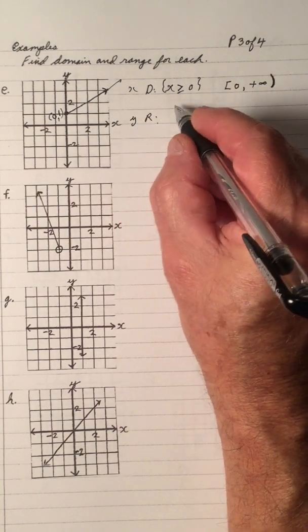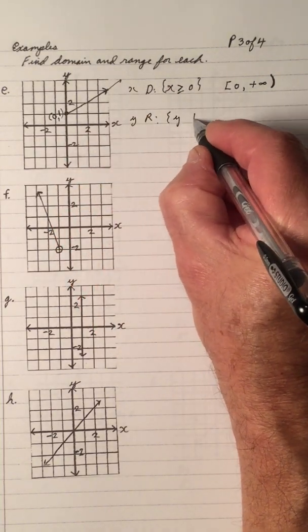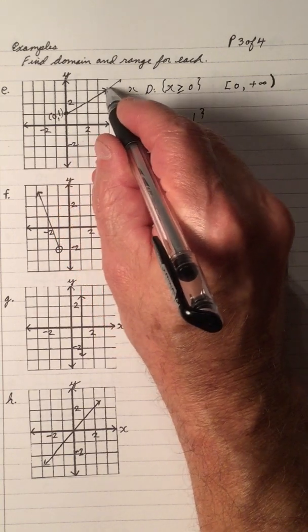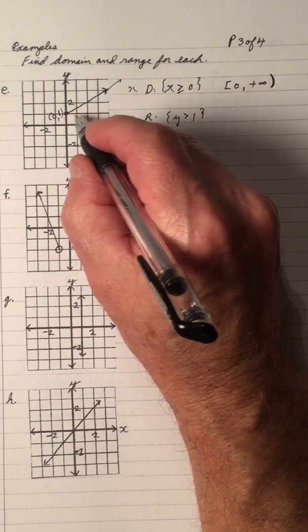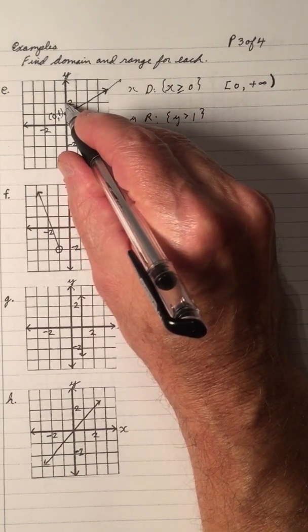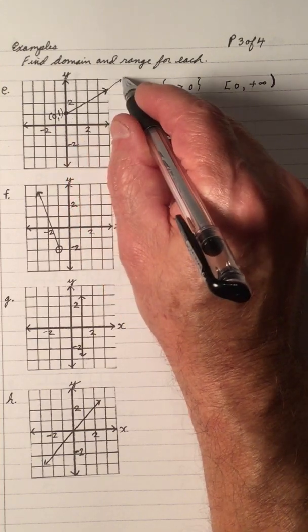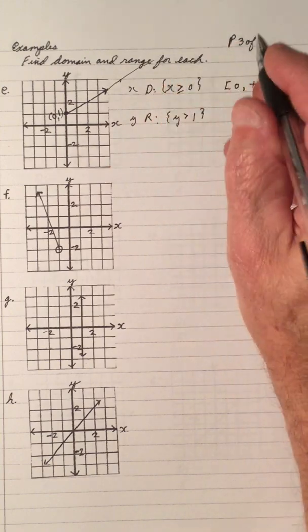The range is the y values in this graph, and the y's start at 1. Notice y starts at 1, and the y is going up, so up is positive. Notice the y is 1, 2, 3, 3 is over here, 4 is over here, 5, as the line goes on out.